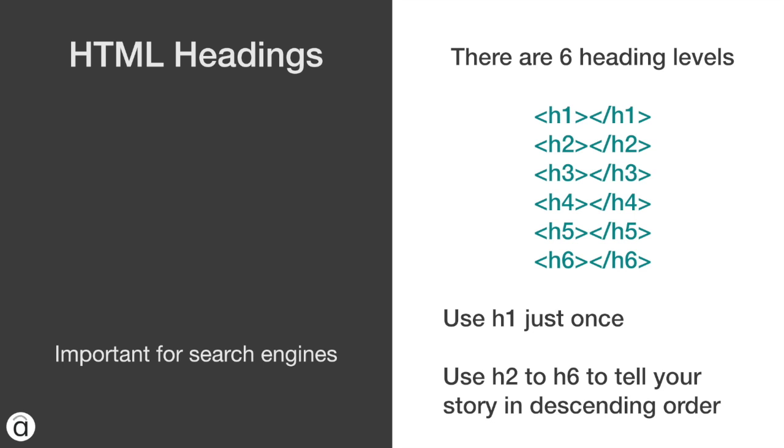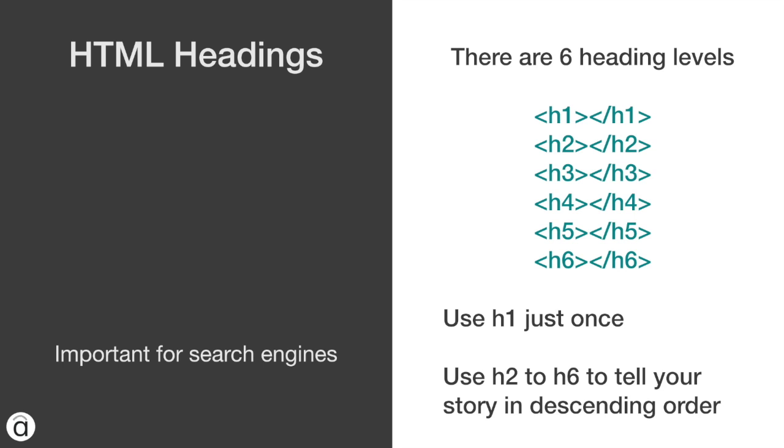Then by all means use H2 to H6 liberally throughout your page, but use them in descending order to tell the story of what is on that web page. So it's effectively building up. Just think of a book. You've got a book title, so that would be H1.